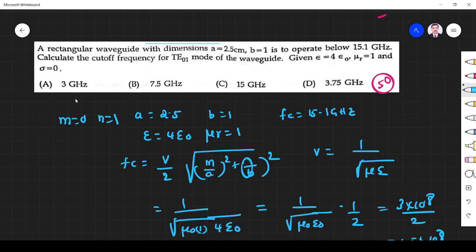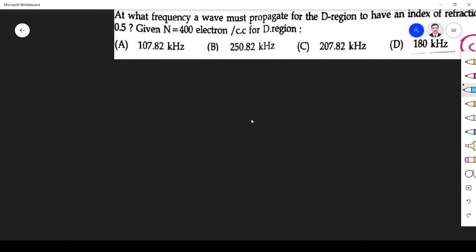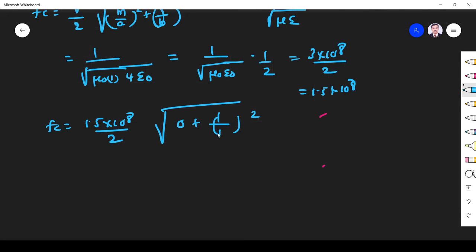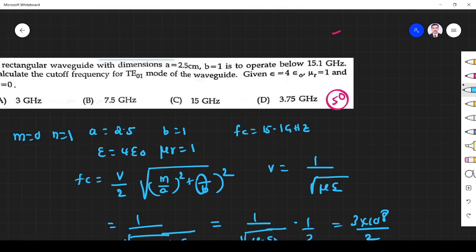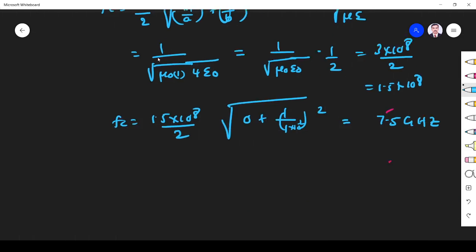A and B are in centimeter, so 1 into 10 power minus 2, you have to convert into meter. So that will become 7.5 gigahertz. Option B is the right answer. Right? Okay. Next question.